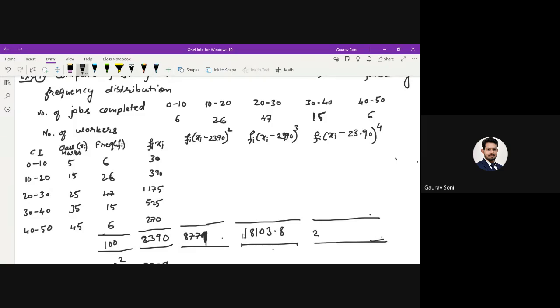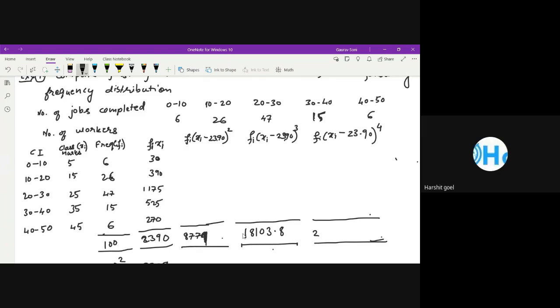It's not actually a shortcut, but we'll get smaller values. Harshit, have you got the summation?